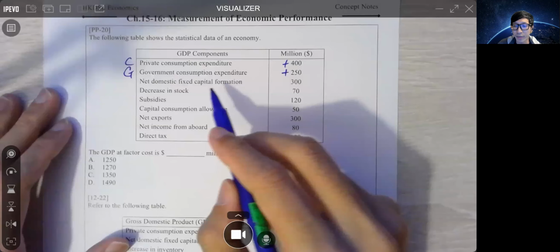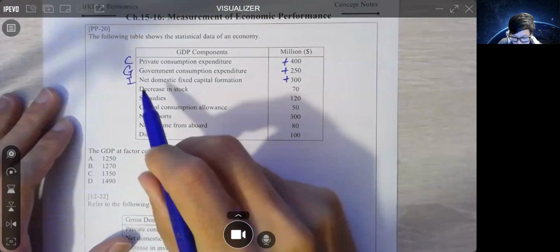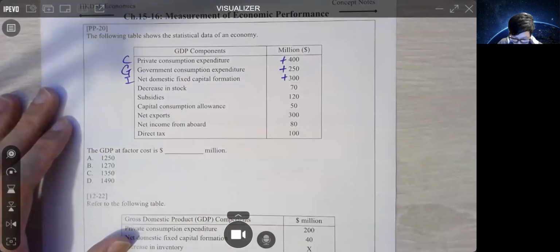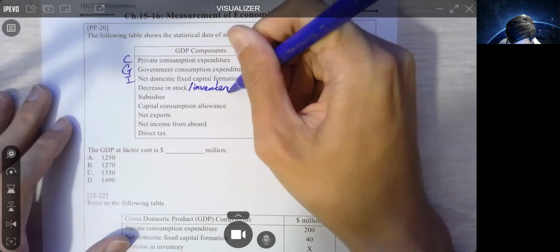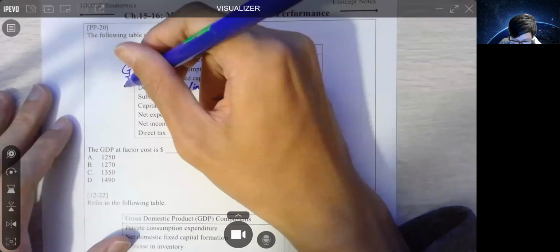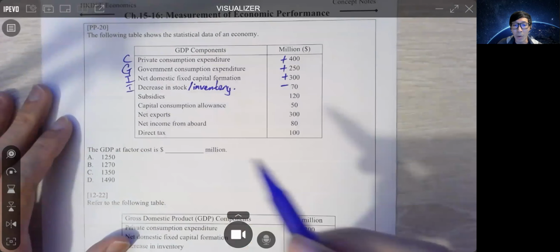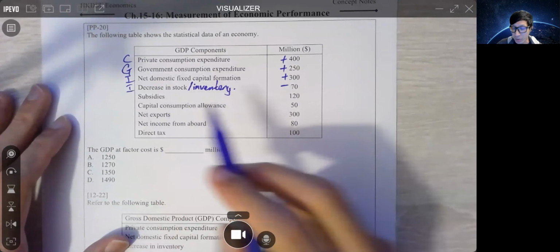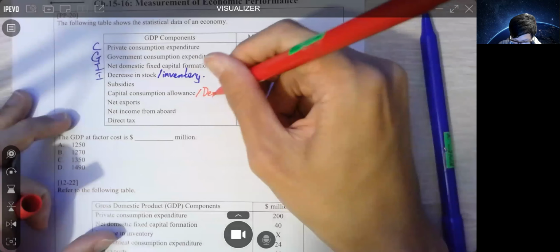Net domestic fixed capital formation, part of I. Decrease in stock or let's call it inventory. Okay, also part of I. Decrease, so this is negative. Subsidy, ignore it for now. Capital consumption allowance or another name is actually depreciation.